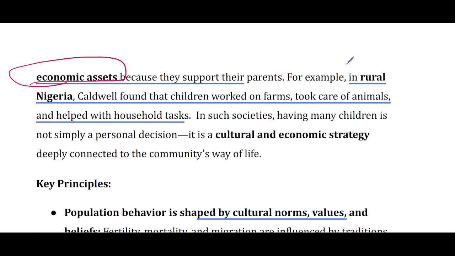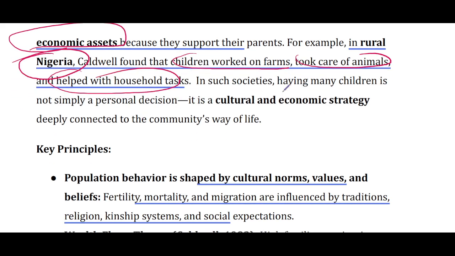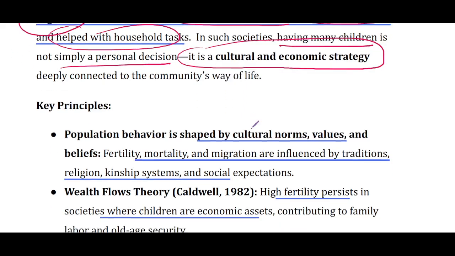For example, he studied the tribes of rural Nigeria and found that those Nigerian societies favor having more children, because those children work on farm, take care of animals, and help with household tasks. So in such society, having many children is not a personal decision, it is a cultural and economic strategy.